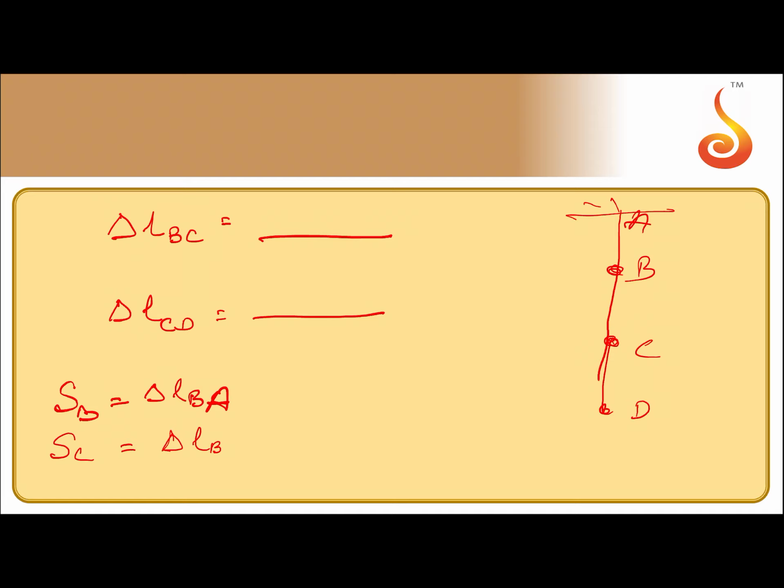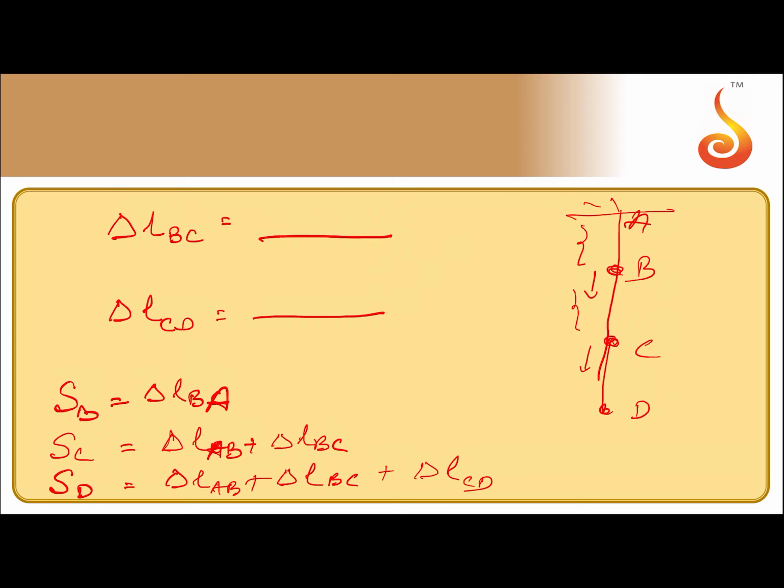Displacement of point C is increase in the length of AB plus increase in the length of BC. So B moves down because of the expansion here. C moves down because of the expansion of AB as well as BC. That's right. Displacement of the point D is delta L of AB plus delta L of BC plus delta L of CD. So we can find out the displacement of points B, C and D.